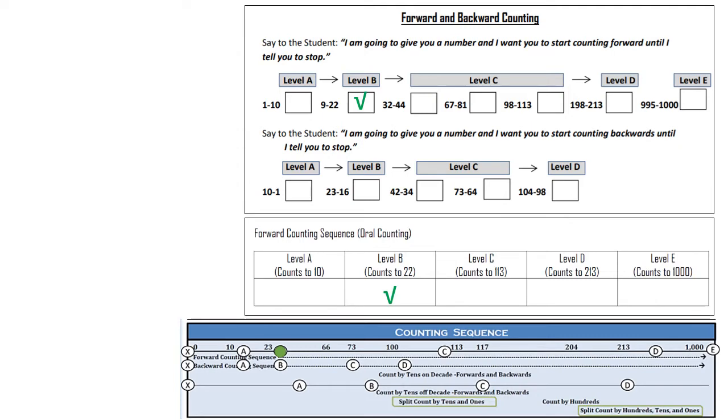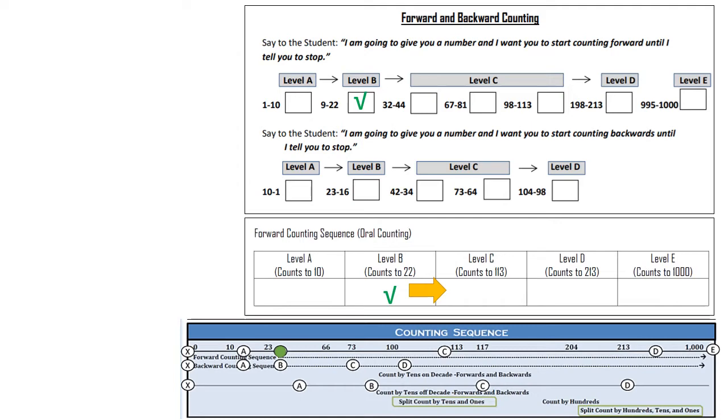If a student is at level B and it means that they can count up to 22, for instructional purposes, it means we're not going to be working on anything that has to do with level B because they already have mastery of that. So if they are at level B, we are going to be bridging to the next group of numbers, really working from 23 up to 113.